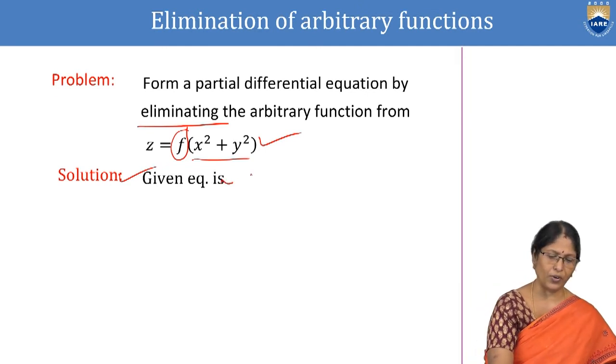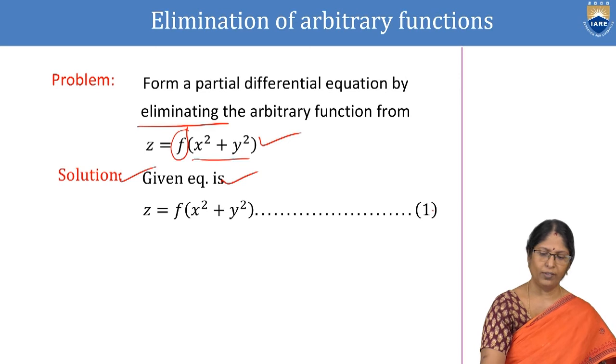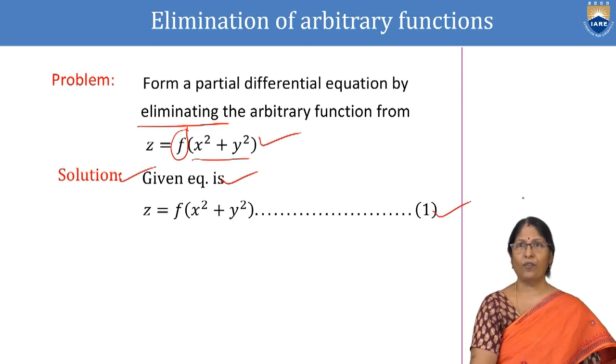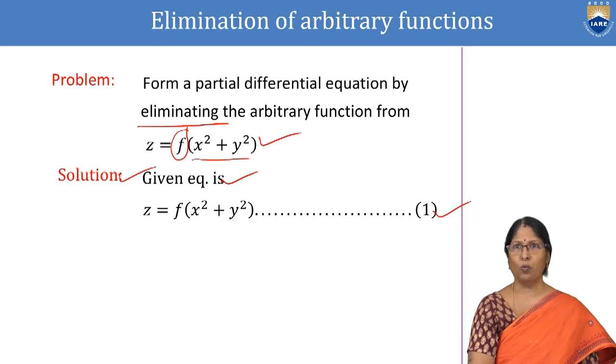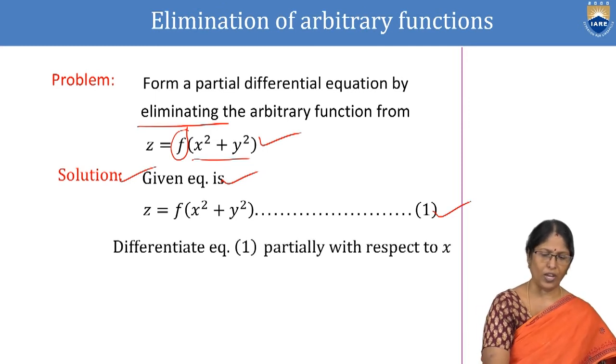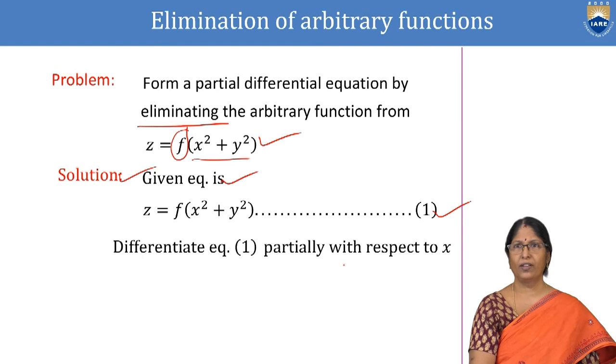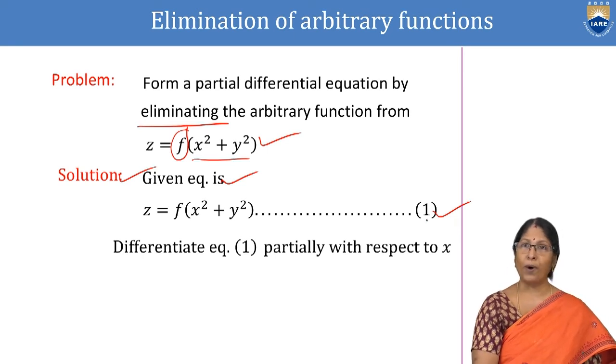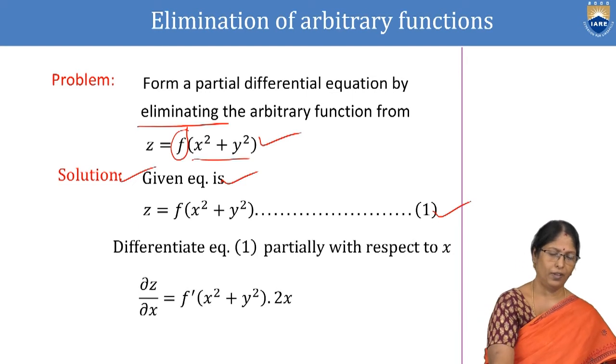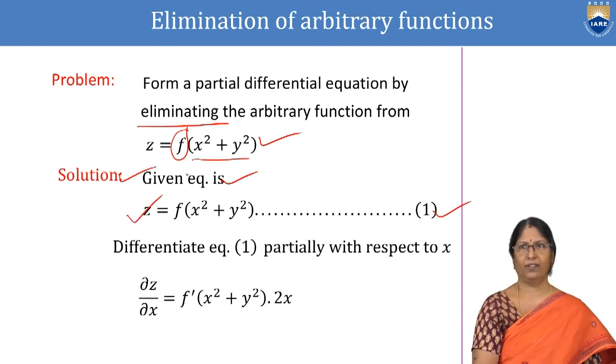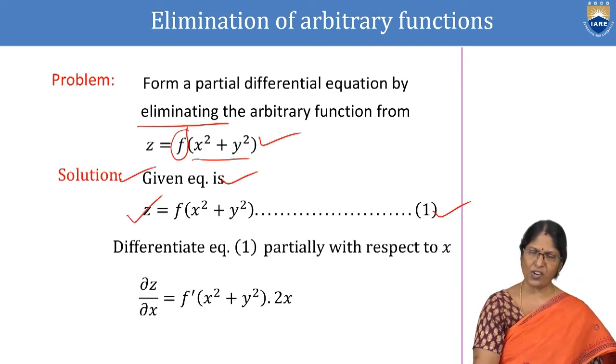So the given equation is z equal to f of x square plus y square. This is named as 1. So we are differentiating equation 1 partially with respect to x.